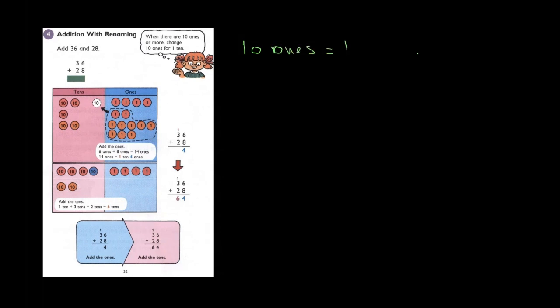Now this is really cool, and what is important here is, as we go through it, they need to remember that 10 ones is the same as 1 ten, and 10 tens is the same as 100.